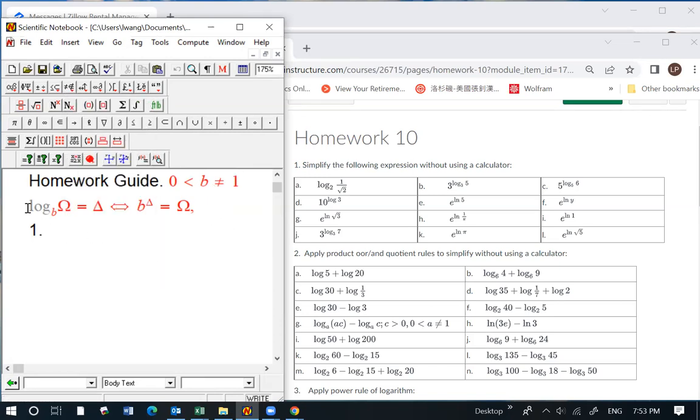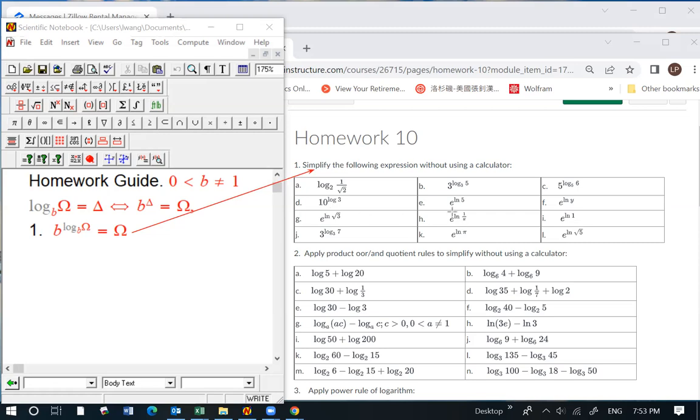Under this condition, from this definition, the first property that was derived before, in week 2 and week 3 lessons, is b raised to the power of log base b of omega equals omega. So this set of exercises is about using this property for different bases.